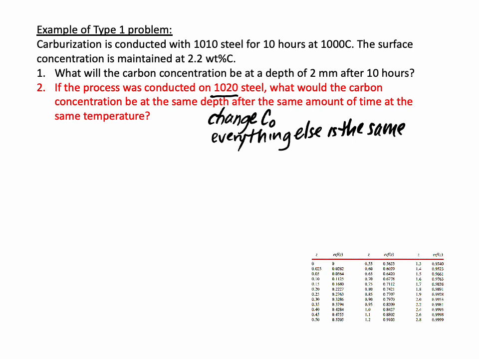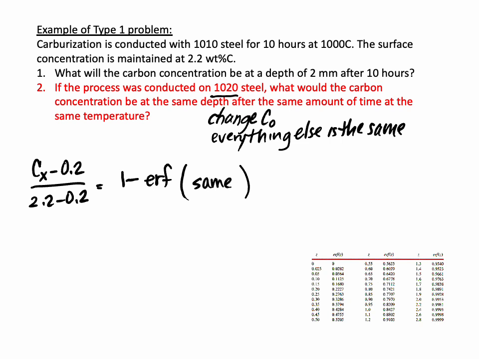So instead of 0.1, I'll have C sub x minus 0.2 over 2.2 minus 0.2 is 1 minus the error function of everything the same as I just had.